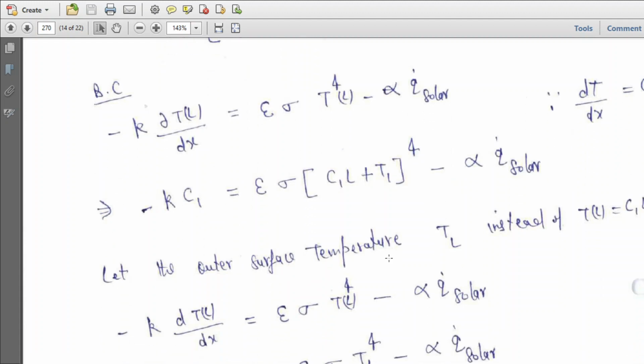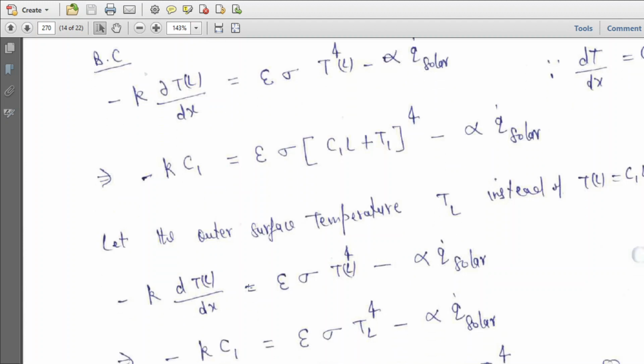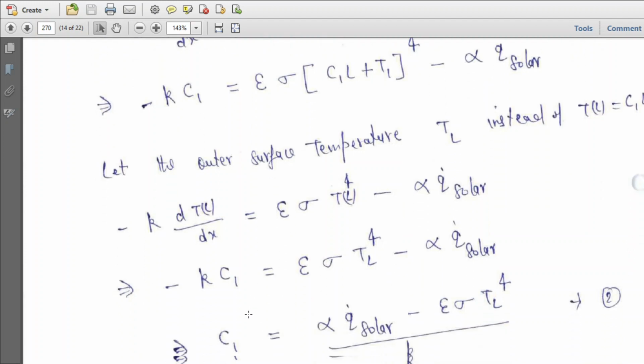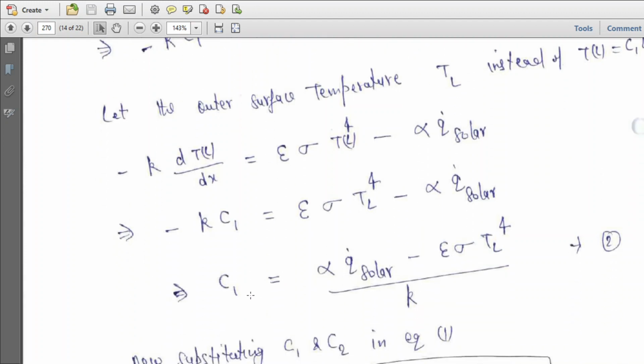Let the surrounding temperature be zero, TL equal to C1L plus T1. So in that case we can write sigma epsilon TL⁴ minus alpha Q dot solar. So K here, now you can arrange, so you get C1 equal to (alpha Q dot solar minus sigma epsilon TL⁴) upon K.